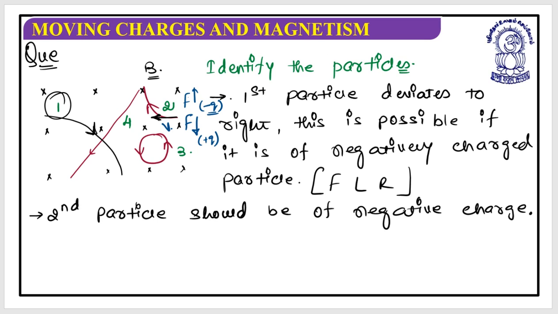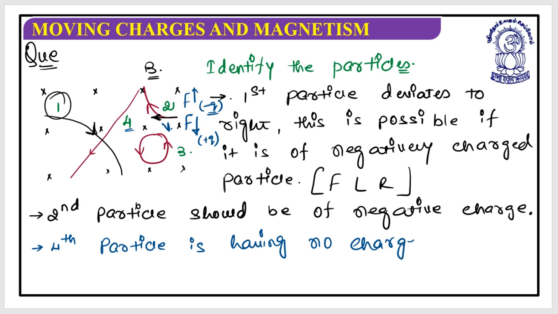What about the fourth particle? The fourth particle has no charge because it is not having any deviation, and when it is not having any deviation, that means it does not have any charge.